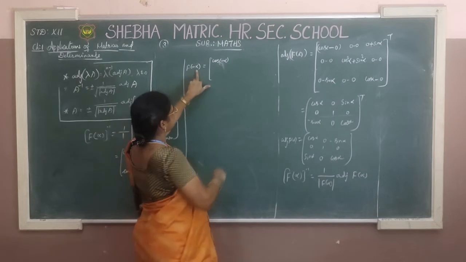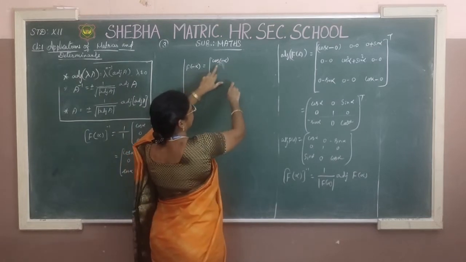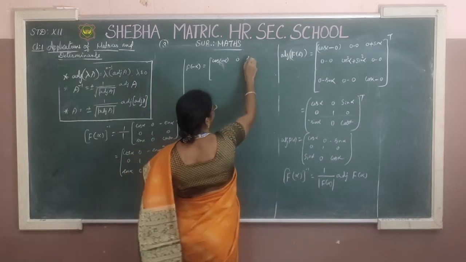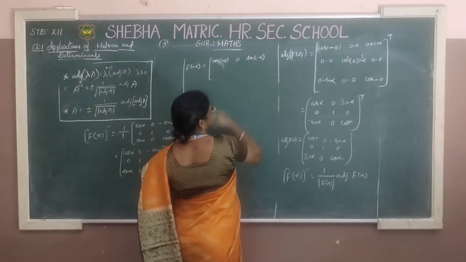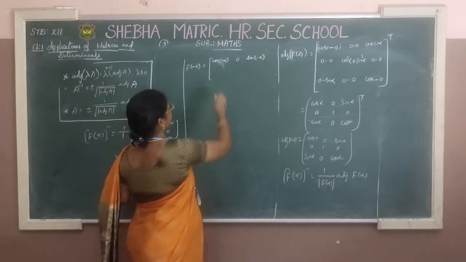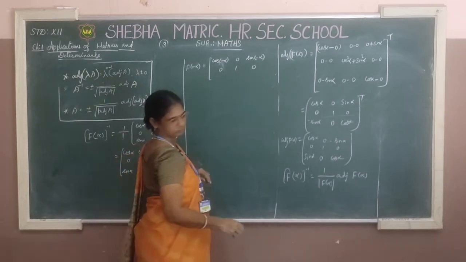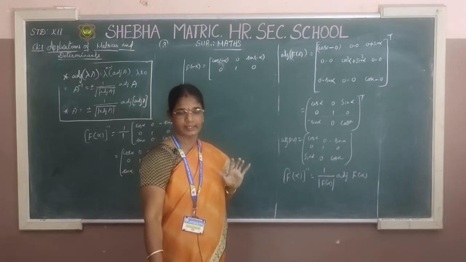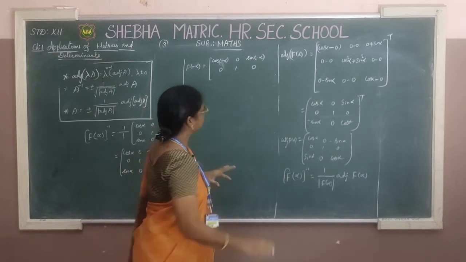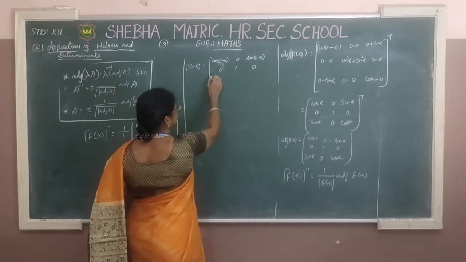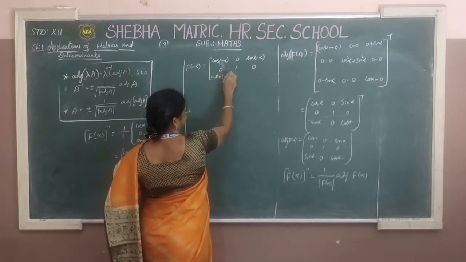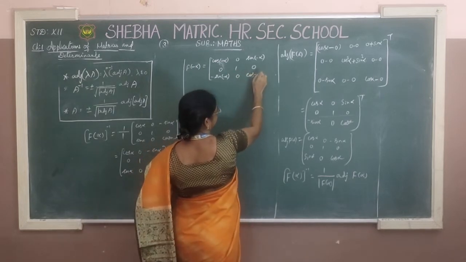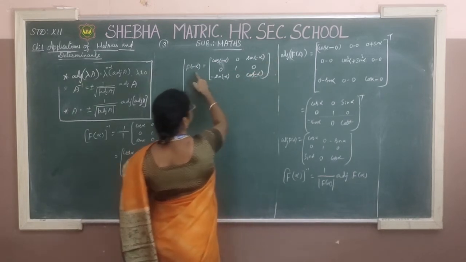Okay, cos of minus alpha 0 and sin of minus alpha I have to write. The next row 0 1 0. Wherever you get alpha, in that space only you have to rewrite alpha into minus alpha. Then next one minus sin of minus alpha, and then next one is 0 cos of minus alpha. Okay, this is f of minus alpha.